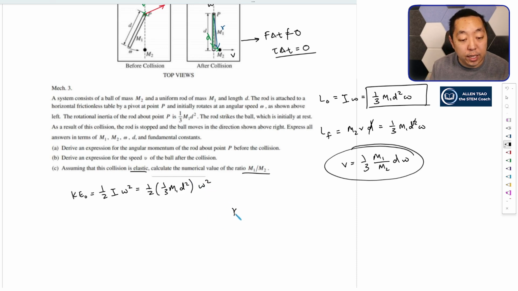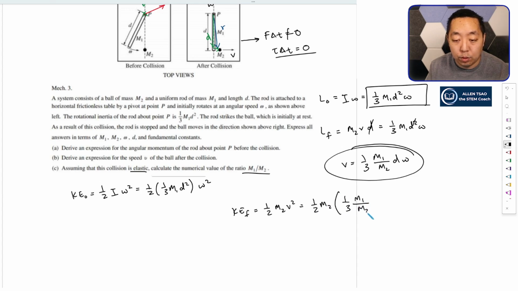All right, and the kinetic energy final, you can do 1/2 I omega squared if you want, but normally for a single object moving in a straight line, we just do 1/2 m v squared. So it's 1/2 m2 v squared. But we know what v is given this quantity. It's 1/2 m2 times 1/3 m1 over m2 d times omega, quantity squared, right? And we know that those are going to be equal to each other.